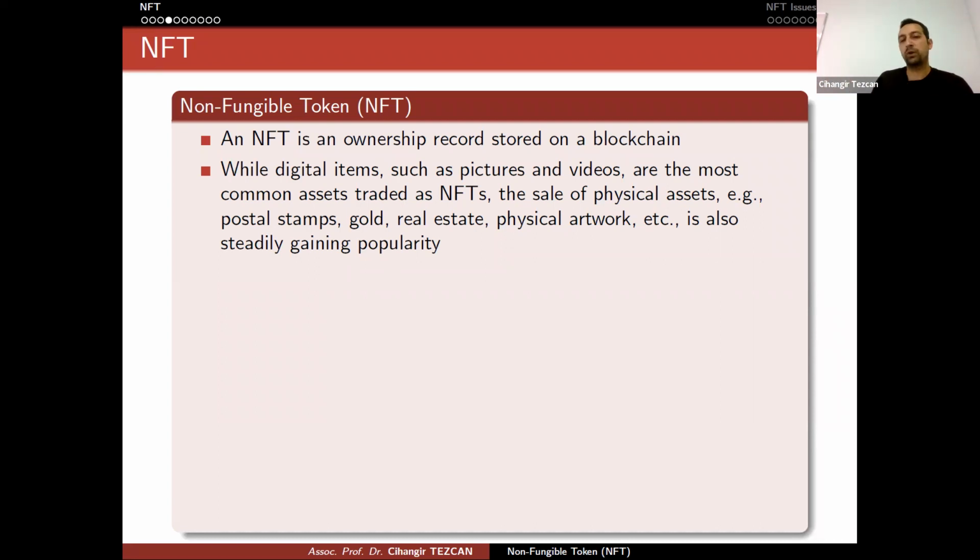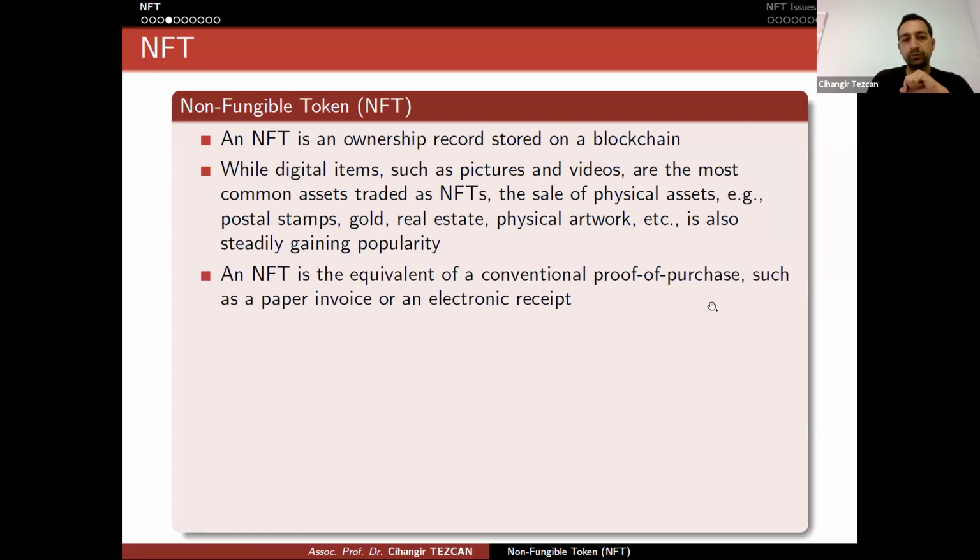But if a government authority does this, you would trust them and buy this, right? So in order to sell something physical, there has to be trust involved. But in the digital sales of NFTs, you do it without the trust. You don't need to trust them because the smart contract makes the transfer of money and the transfer of the ownership.